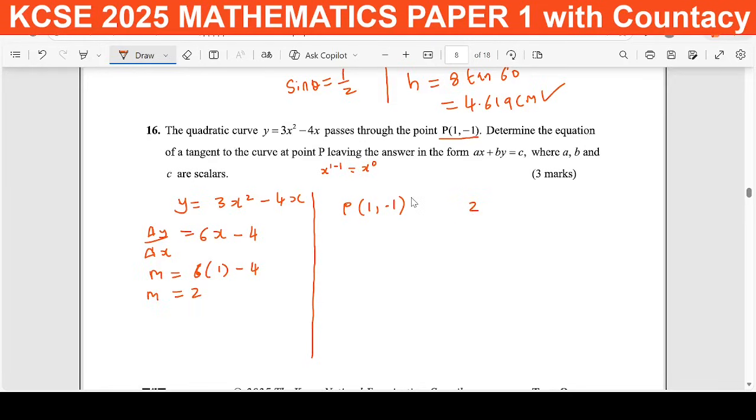But to be able to find the gradient of this line that is passing through P(1, negative 1), what we really need is the other point, but since we don't have it, we let that be (x, y), like that.